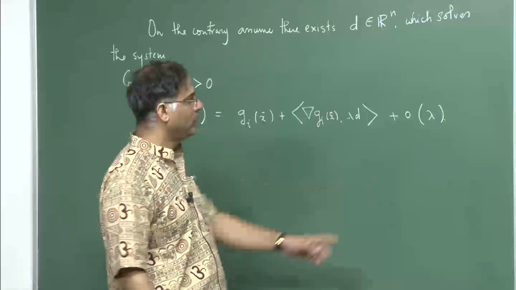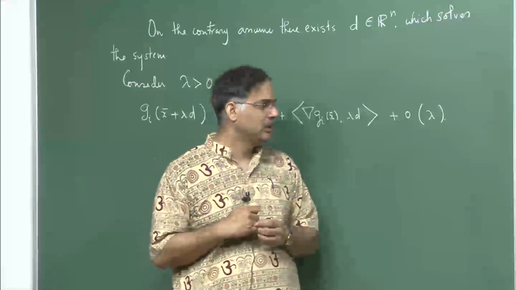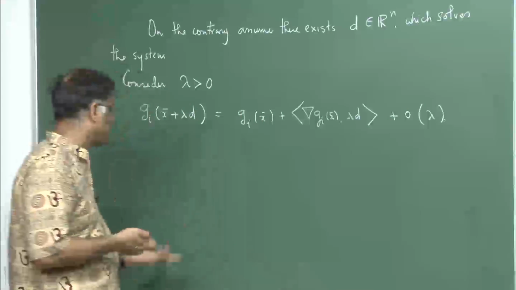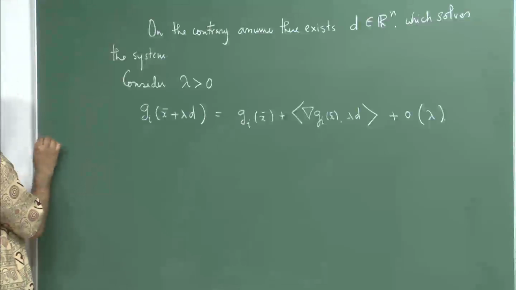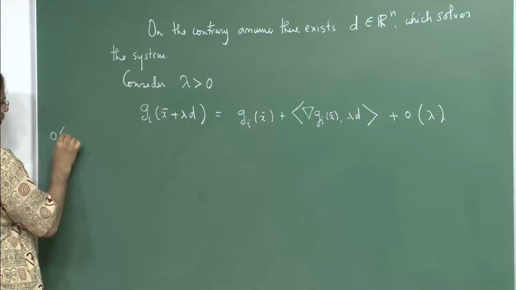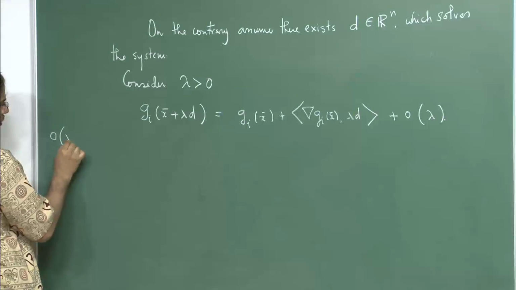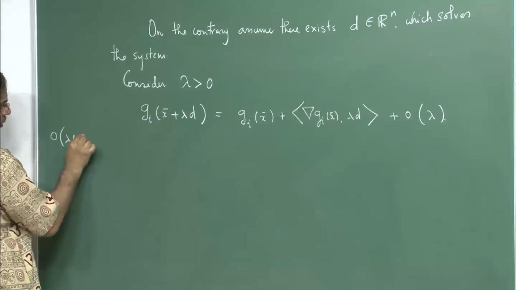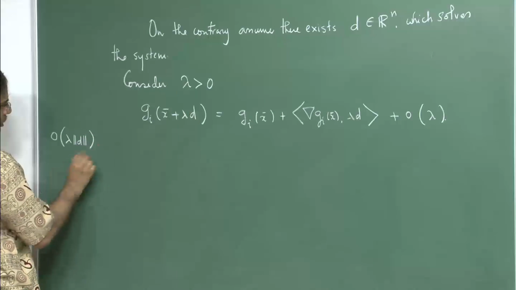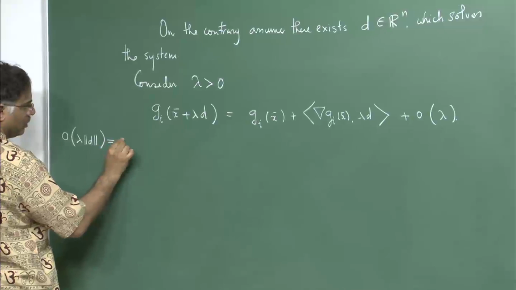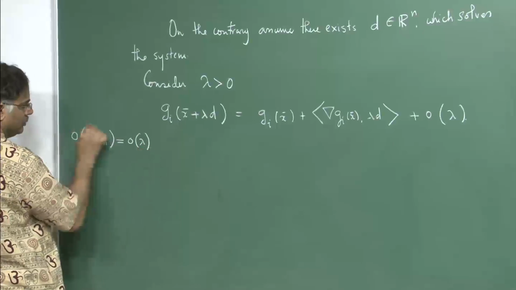Actually, it should be o of lambda norm d, and that can be replaced by o of lambda, since o of lambda norm d is the same as an o of lambda quantity.